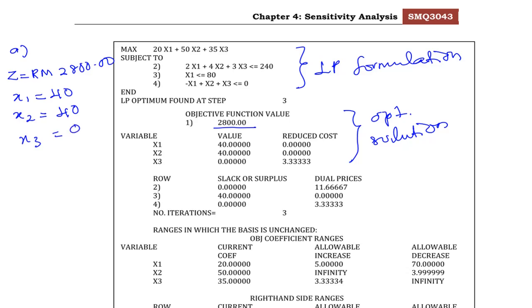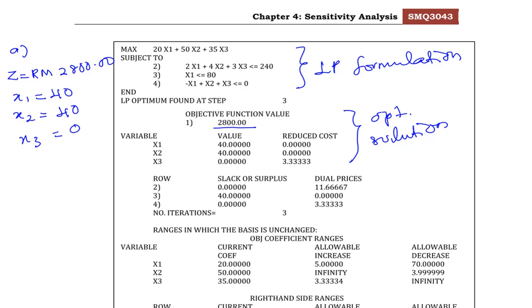Meaning that Acopal should produce 40 units of bowls, 40 units of casseroles, and 0 units of jugs to maximize the revenue, because the Z value is the unit price, the total sales.